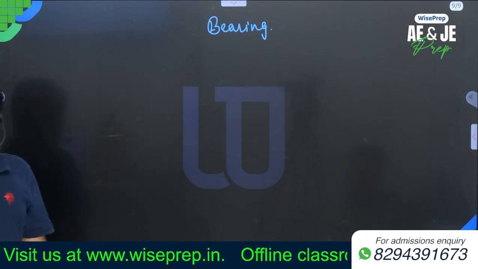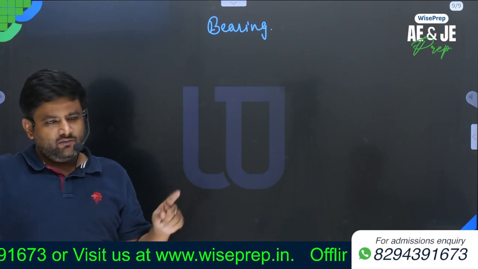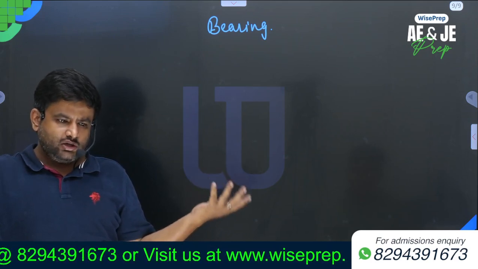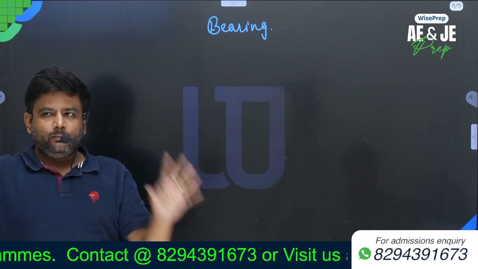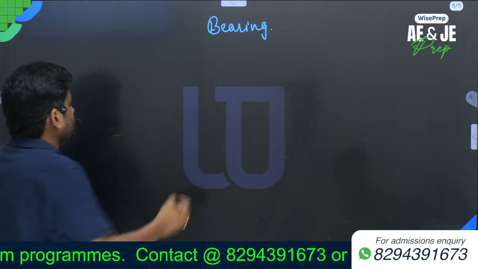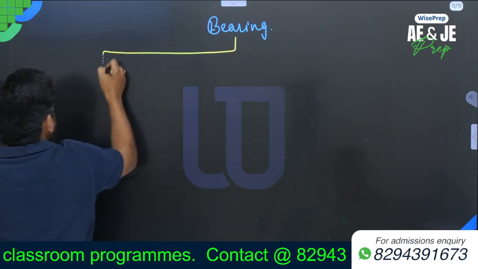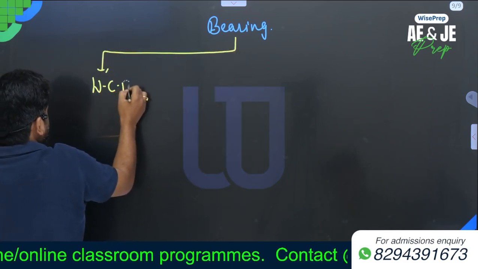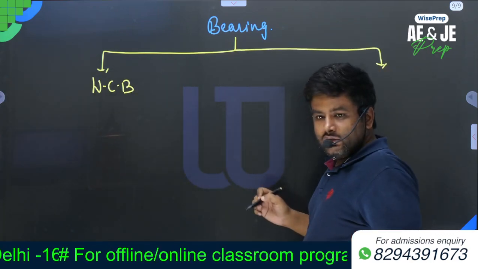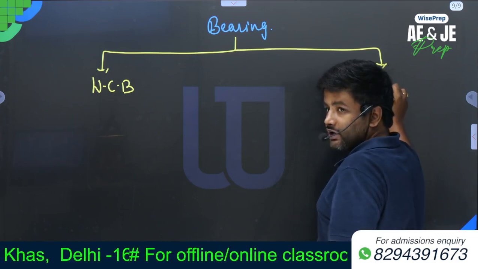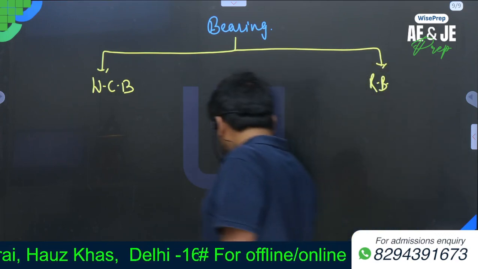It is the horizontal angle subtended by any line with the meridian. It can be either in south, it can be either in north. Now let's see here. Bearings are of two types. First is whole circle bearing, and second is reduced bearing.